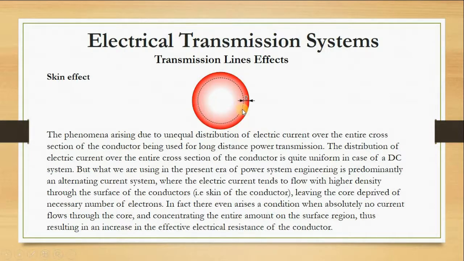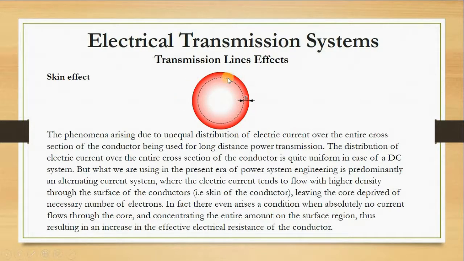What is going to happen? The water is going to struggle to flow. So in other words, by restricting the movement of the water to only the skin of the pipeline, you have reduced the area for the flow. You have increased the resistance to the flow of the water.